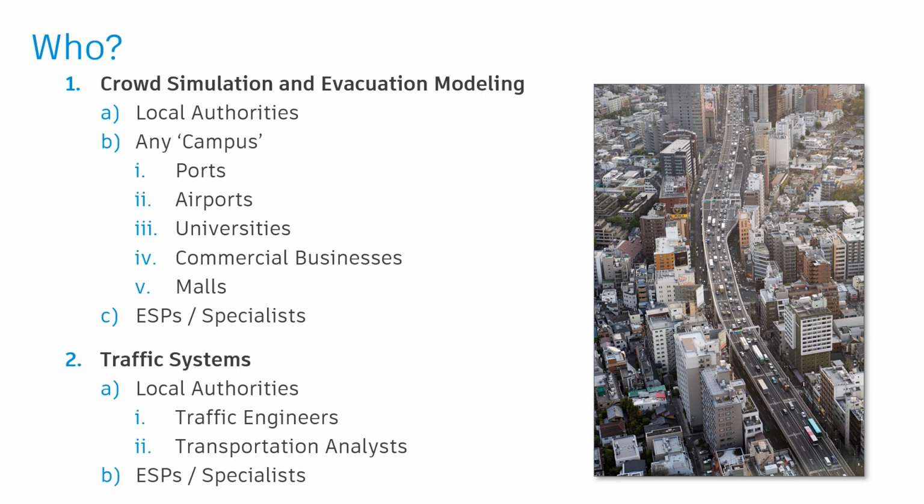So obviously governments are going to be interested in that, but really any type of authority or entity that is running some sort of campus. So we're talking about things like ports, airports, universities, commercial businesses, malls. They'll all be interested in how to move people around efficiently within their structures.